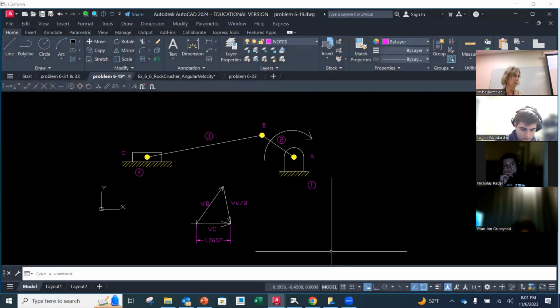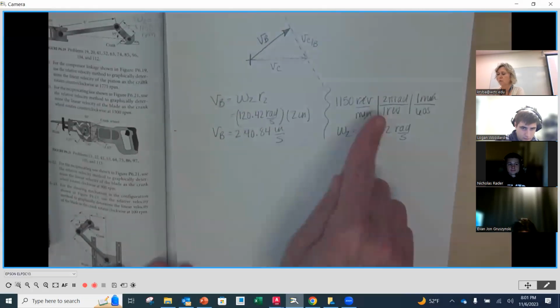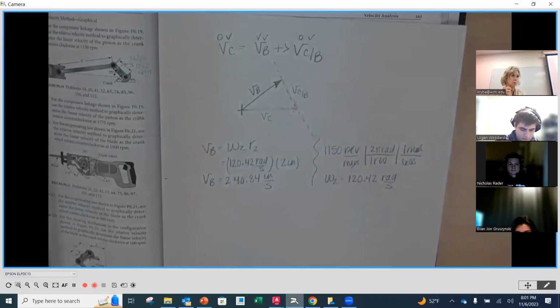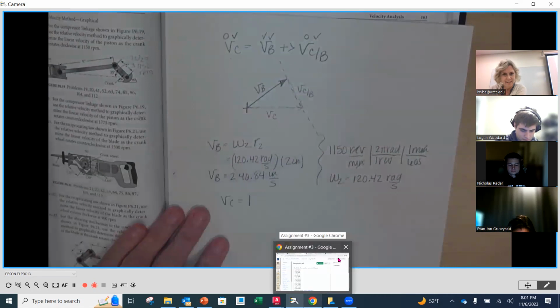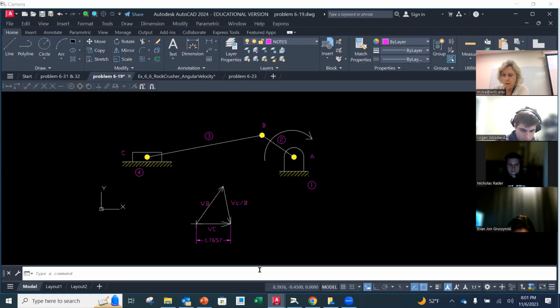That is not all you'll be handing in, because I also need to see the calculations for your velocity of B and any of these values that you needed to do conversions for. And then also your final answer, probably saying VC is equal to 176.57 inches per second.